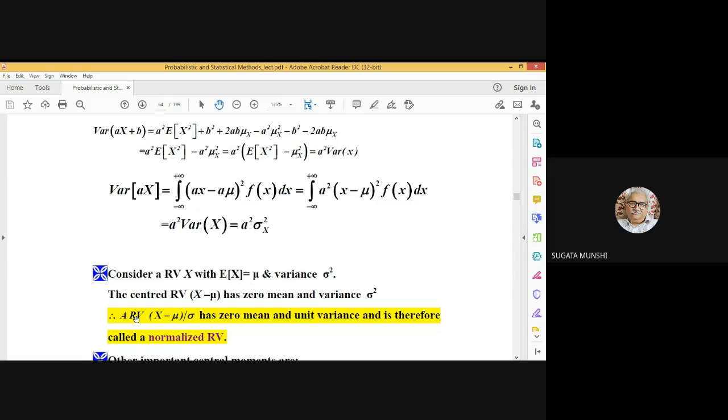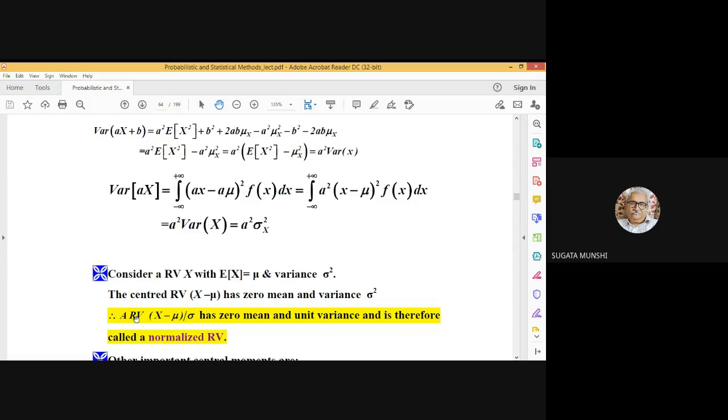Now if you consider a random variable capital X, say with an expectation mu and variance sigma squared, then the centered random variable x minus mu has zero mean and the variance is sigma squared.